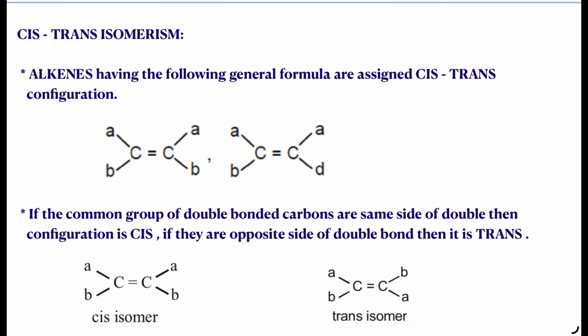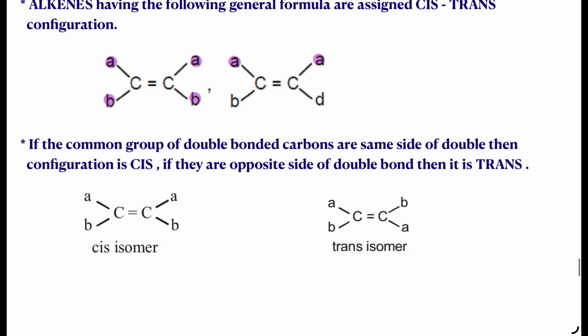If there is at least one common group, here you see the two double bonded carbons have two common groups, A and B, but here one is B, another one is D, only one common group. Cis-trans nomenclature is used whenever there is at least one common group. There must be at least one common group. So what are the possibilities? ABAB, ABAD. In these two examples we use cis-trans nomenclature.